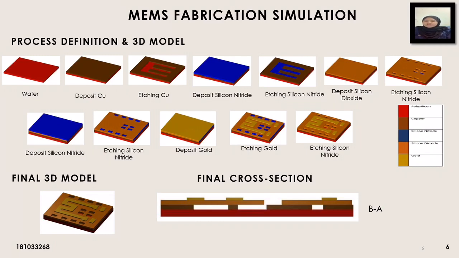The final 3D model will look like that, and also the cross-section picture with the equation B minus A.